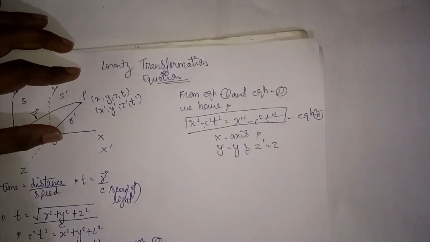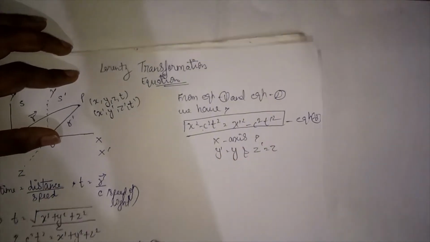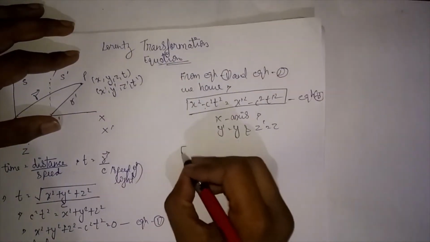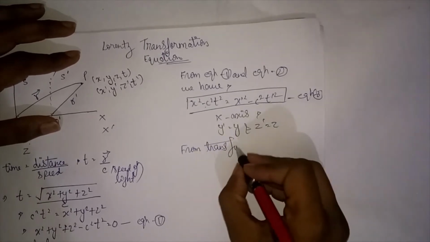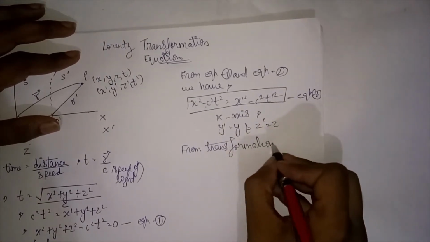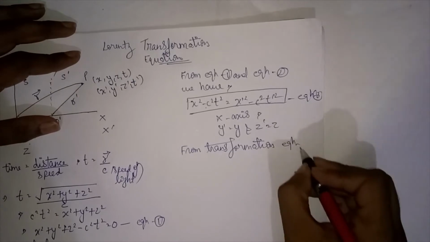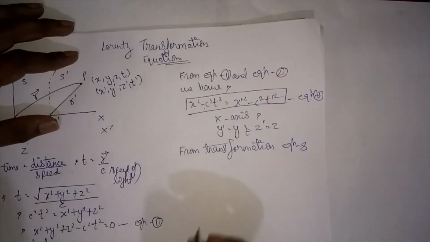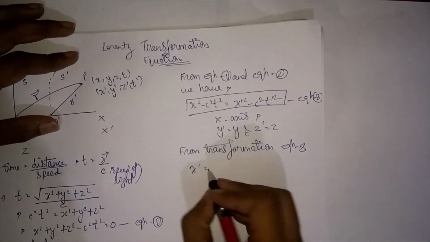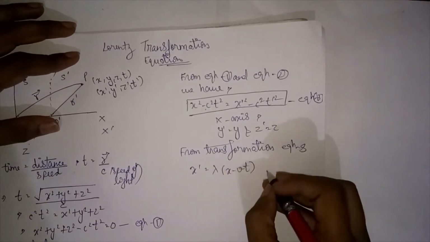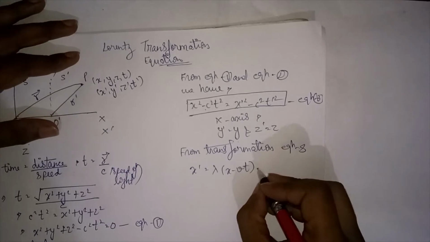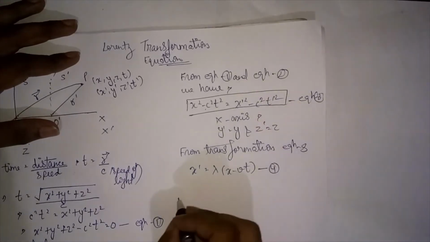Now moving forward, from the transformation equations we have x dash equals lambda into x minus vt, which we derived in our previous classes, and this is our equation number 4.